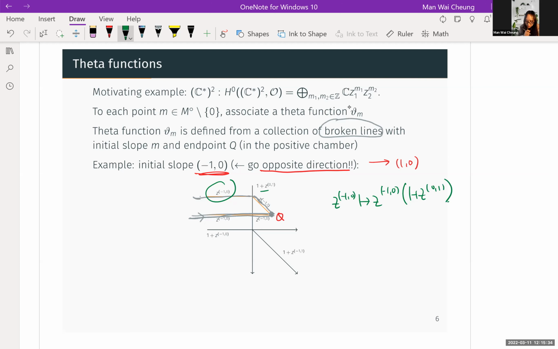And actually you can see here the whole formalism. The 1 here means it doesn't bend because we keep the same slope. But then here we have the second term, which is -1, 1, where you can see the monomial change. And that just indicates we bend with that slope -1, 1. So this is the second broken line.